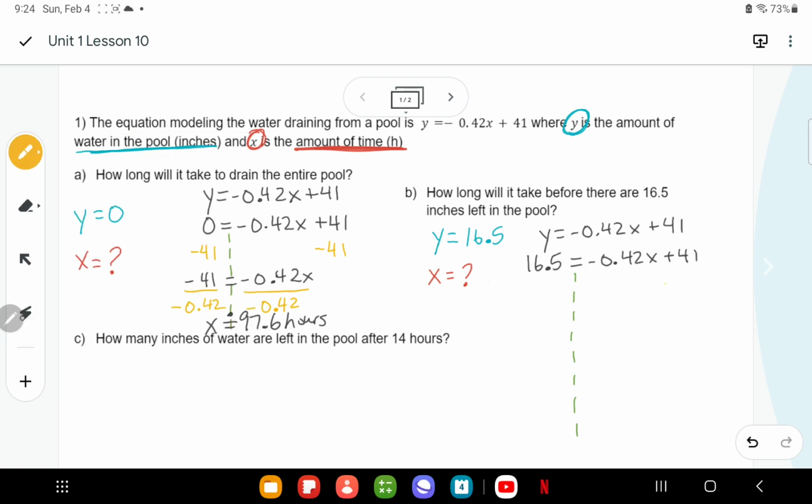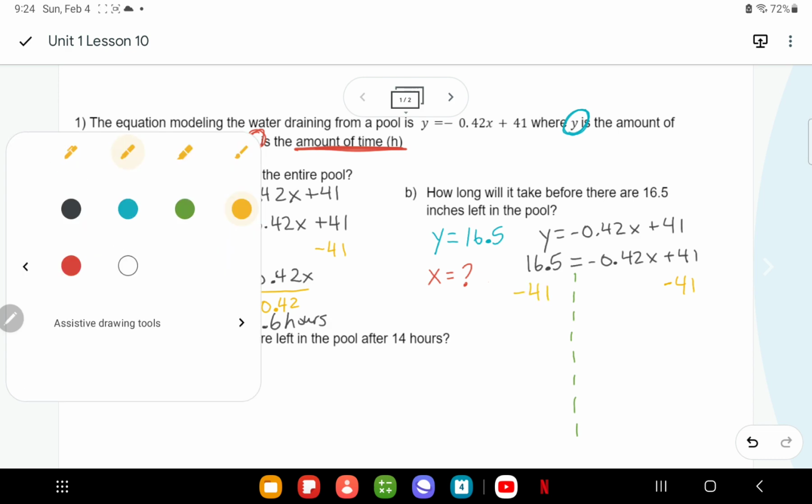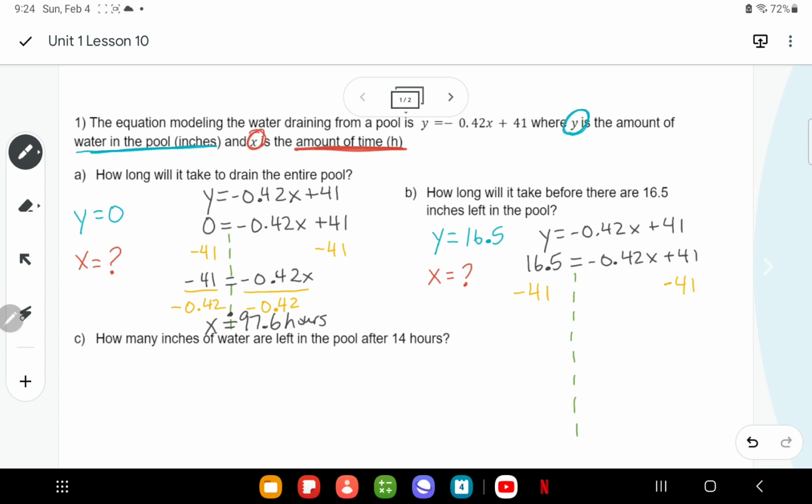Again, I have to get rid of the 41. So I'll do 16.5 minus 41, which gives me negative 24.5 equals negative 0.42x.